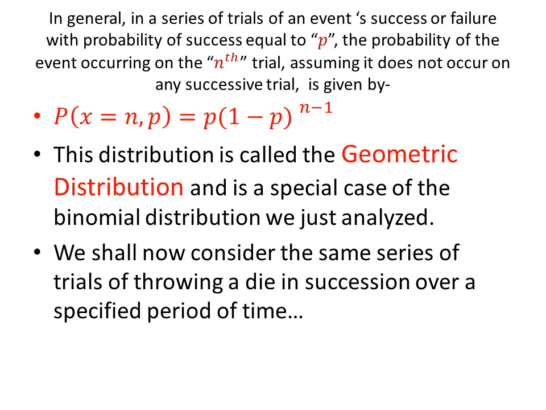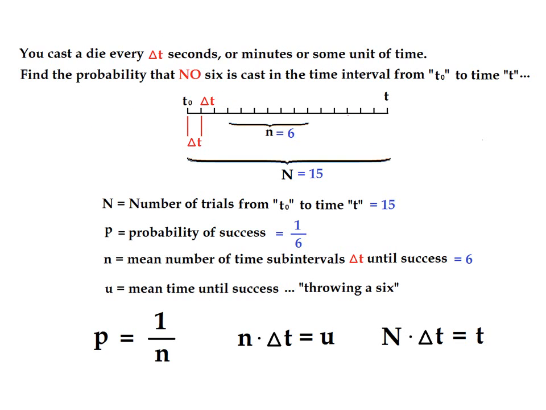Now we're going to consider the same series of trials, throwing a die in succession over a specified period of time. Let's suppose that you've cast a die every delta t seconds, or minutes, or some unit of time.